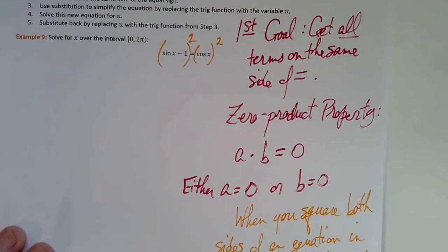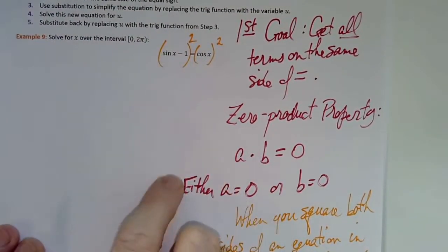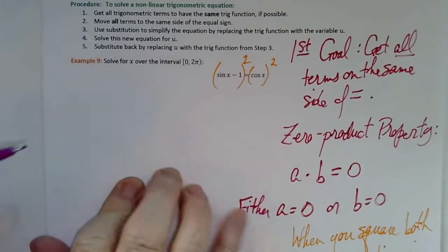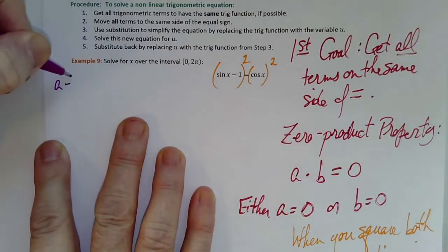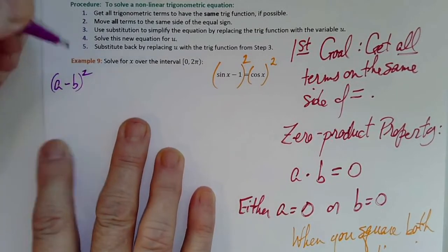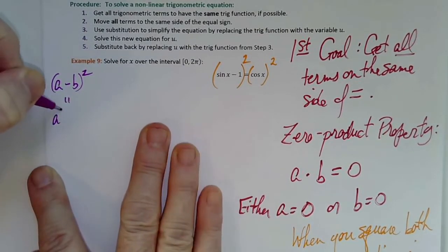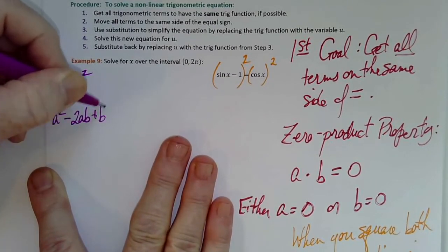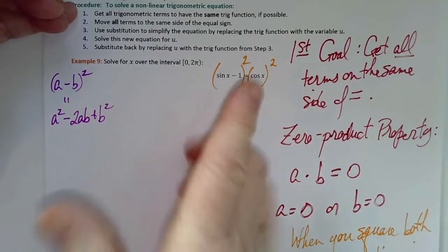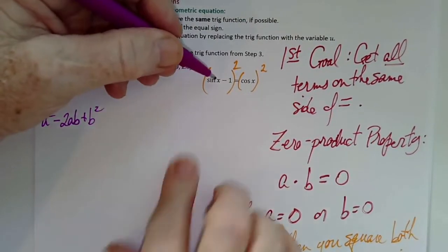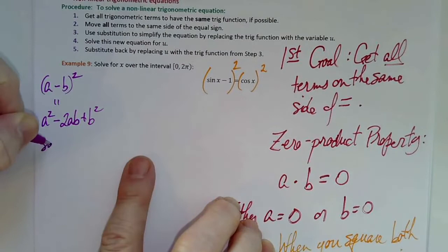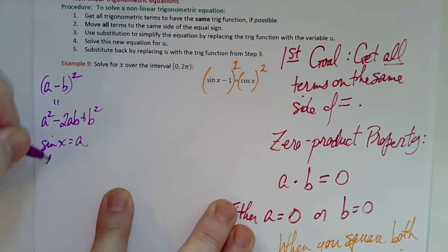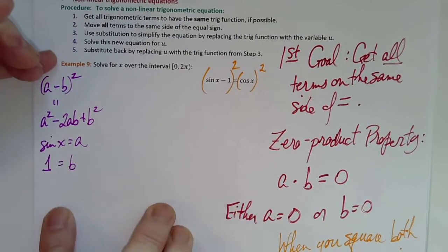Okay, so we've got some cool stuff. Now, how do I square sine x minus 1? Well, I'm going to use a minus b squared. I know that's a squared minus 2 times a times b plus b squared. Okay, that's not so bad. So sine x is a and 1 is b.